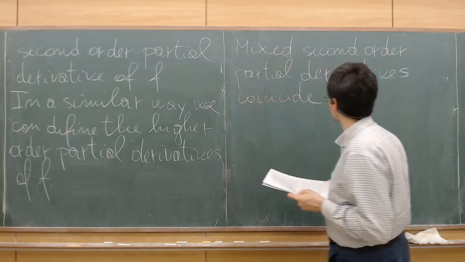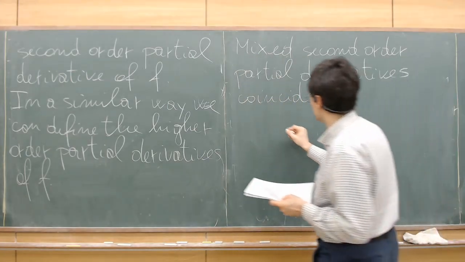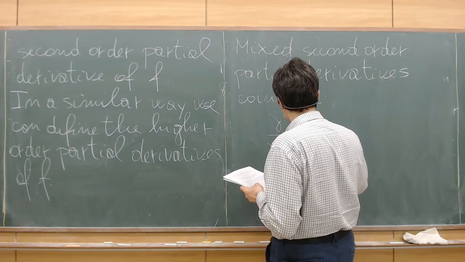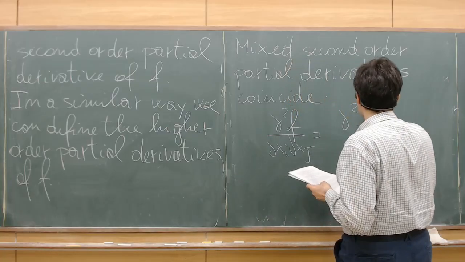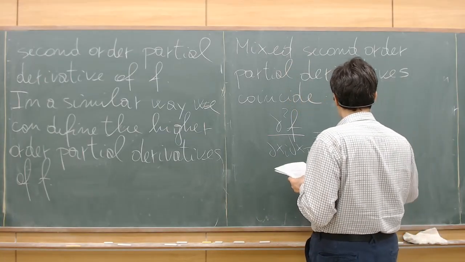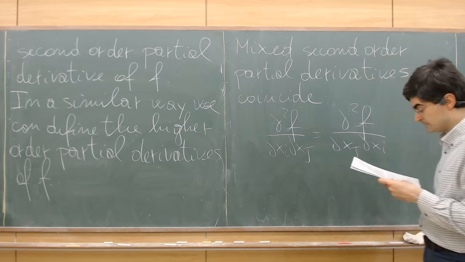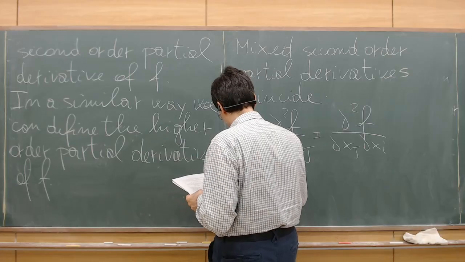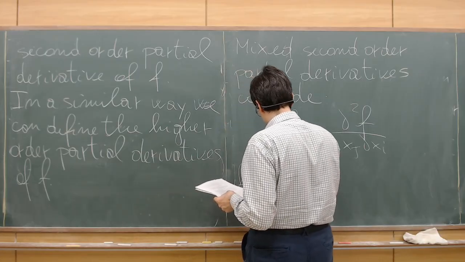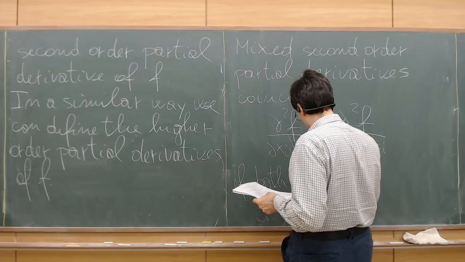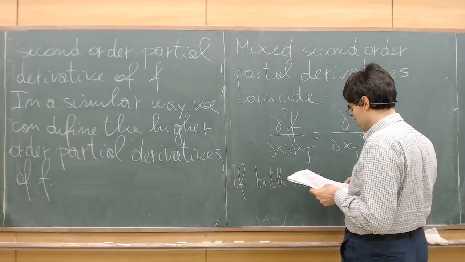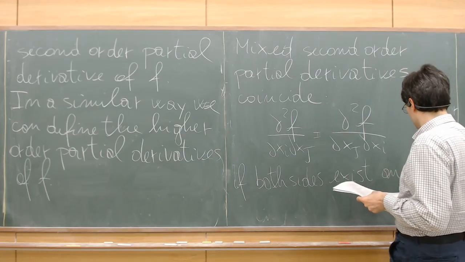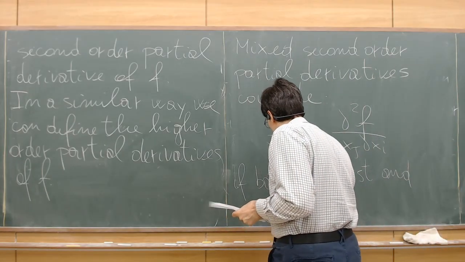This sentence means that d second f dxi dxj is equal to d second f dxj dxi if both sides of this identity exist and are continuous.